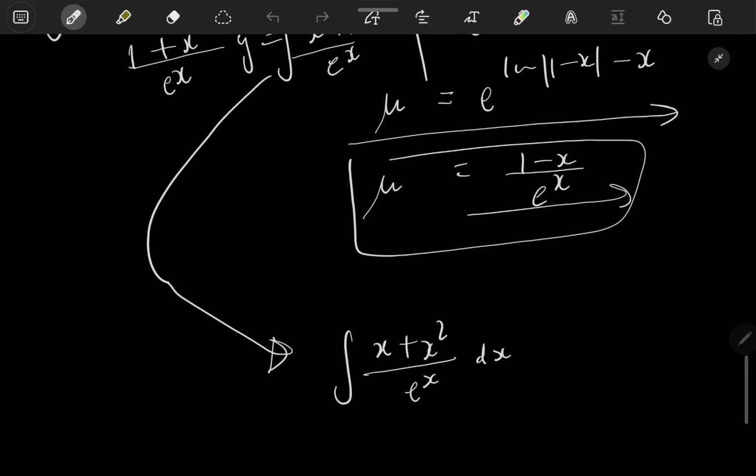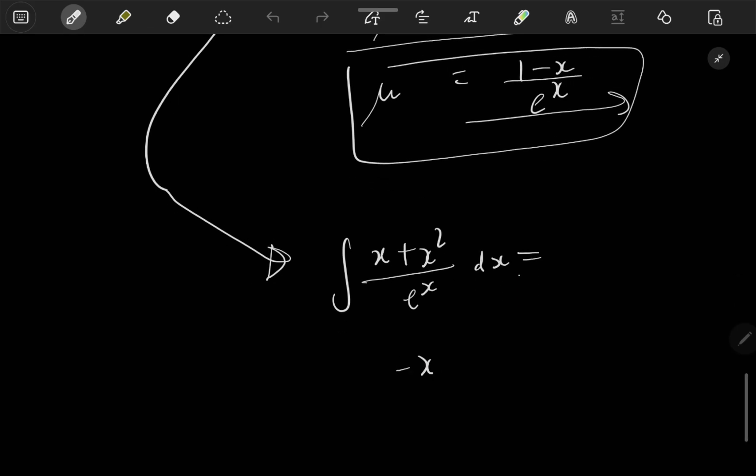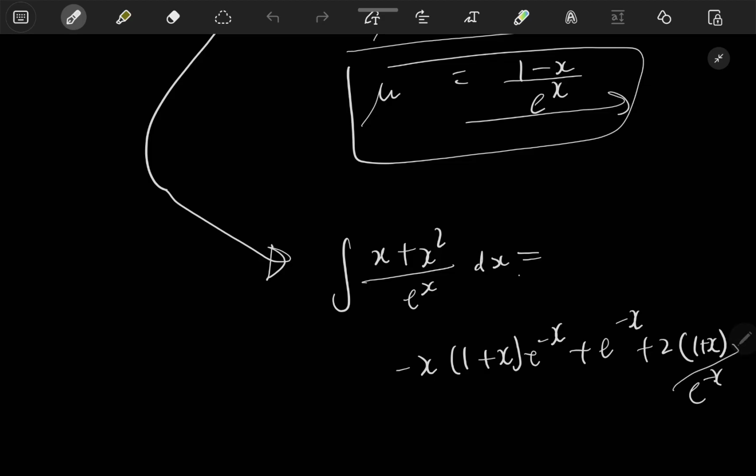Obviously you're expected to revise things like your integration by parts, which yields something that looks like negative x(1 plus x)e^(-x) plus e^(-x) plus 2(1 plus x)e^(-x). The thing is there.